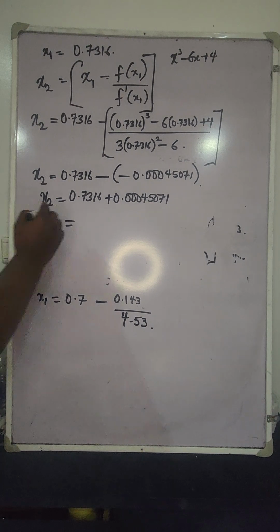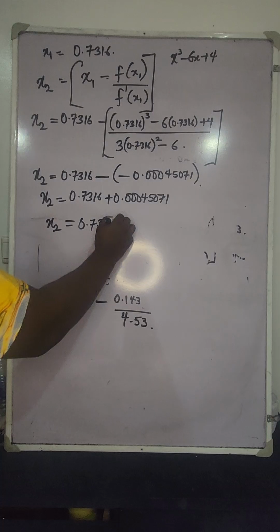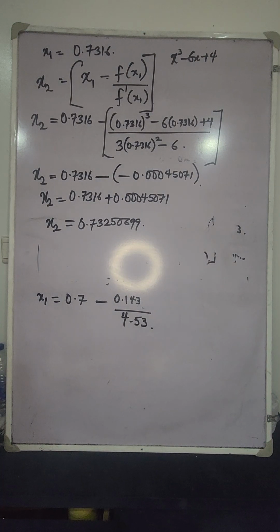We have x2 to be 0.73250699. That will be x2, right?